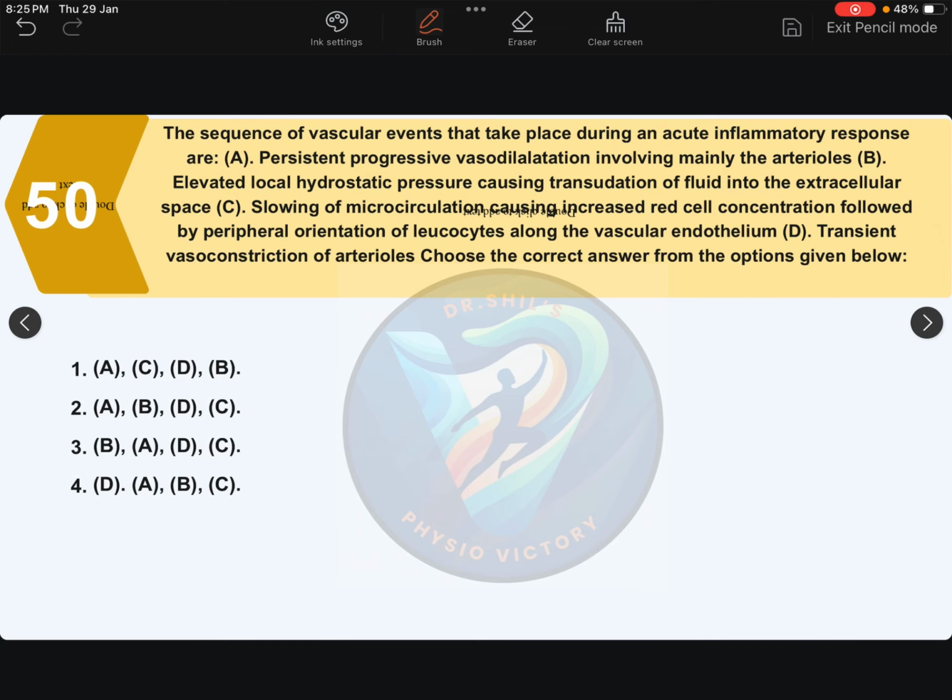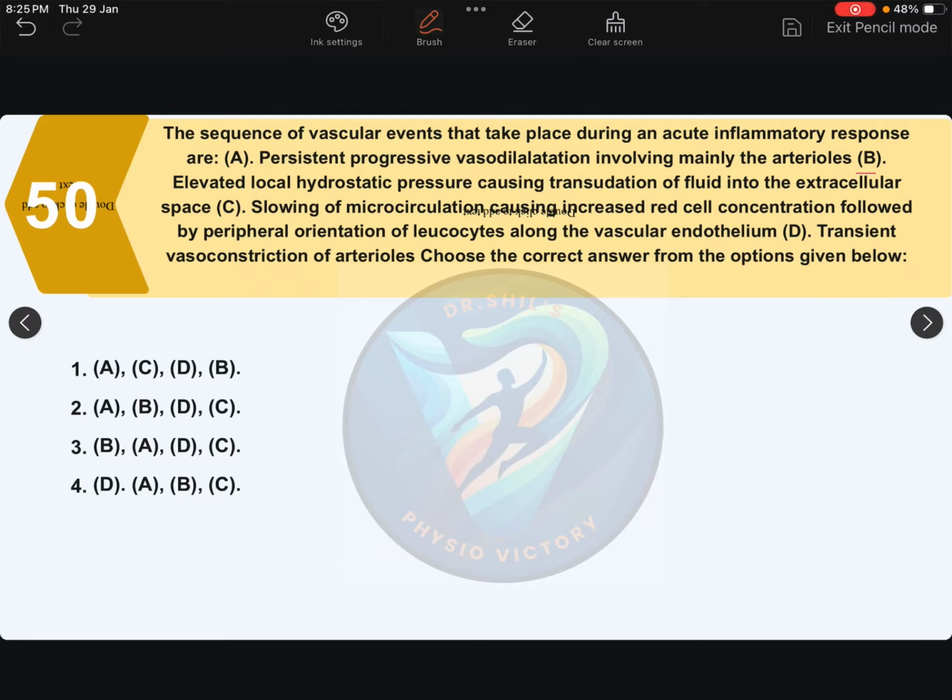Next, come to question number 50. The sequence of vascular events that takes place during an acute inflammatory response. Acute inflammatory response में क्या क्या sequence, क्या क्या events होता है. A: Persistent progressive vasodilation involving mainly the arterioles.